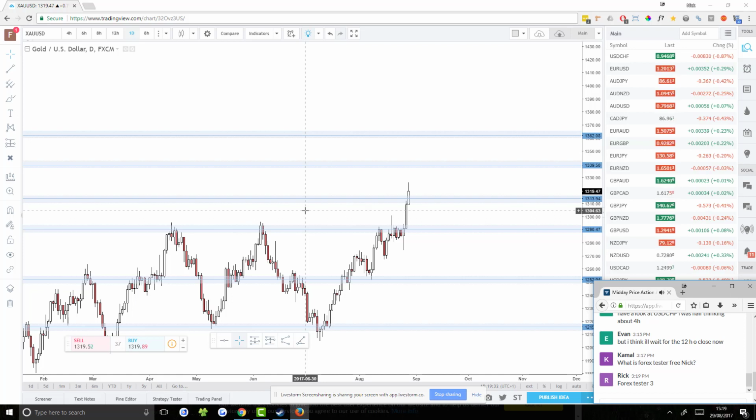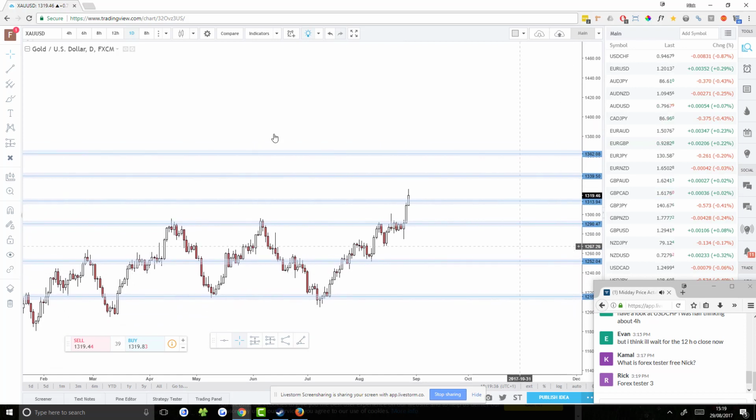And since you guys have been asking about gold a lot lately, and since I'm also, as I said earlier, investing some savings into gold, I just think it's a good idea to keep an eye on gold. And I tested it with Forex Tester free, and I found that gold trading would have been very, very profitable.